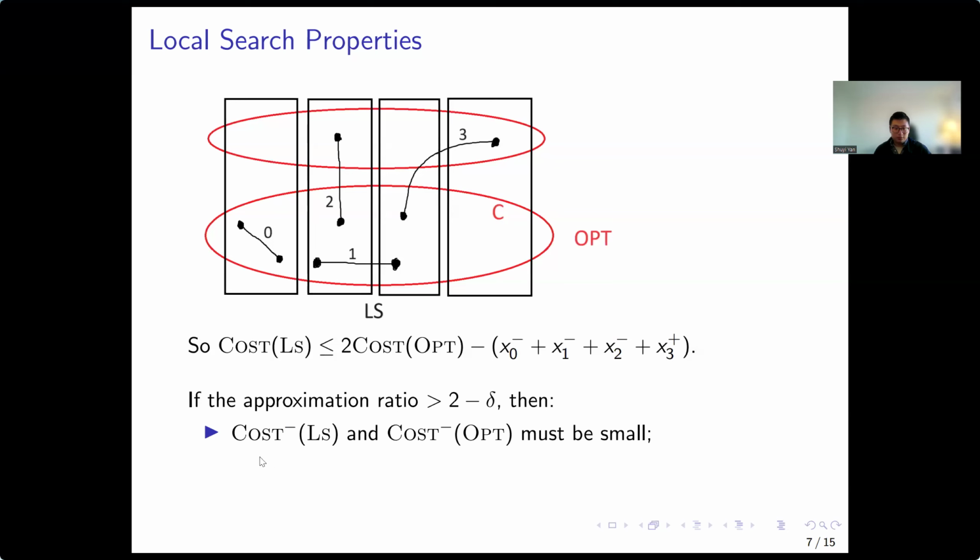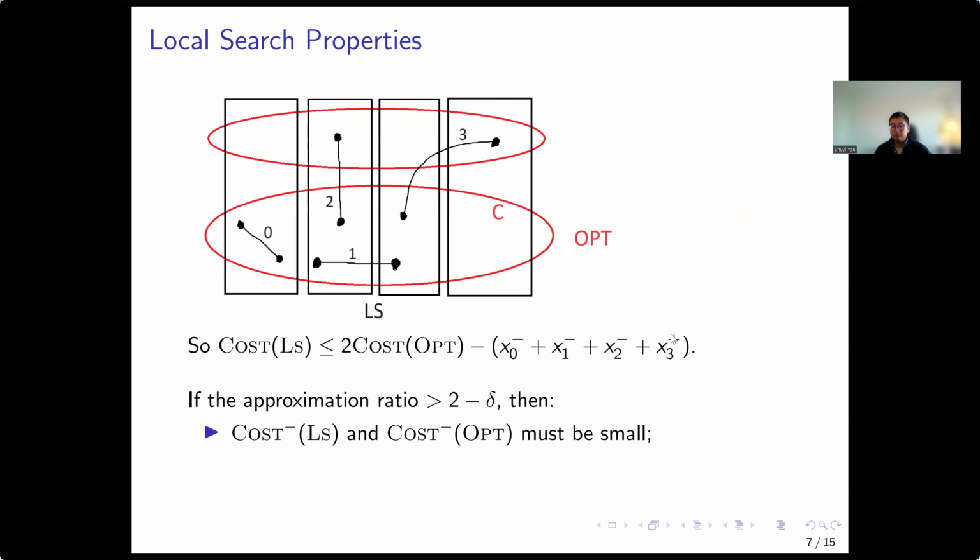And what does this mean? So it means that the minus cost of the local search solution and the minus cost of the optimal solution must both be small. Well, because the cost of the local search solution is just x0 minus plus x2 minus, and similarly for the opt.